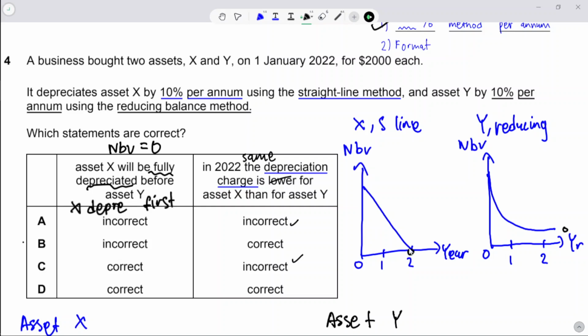X becomes 0 first, right? Yeah, so this one is correct. So the answer is C.